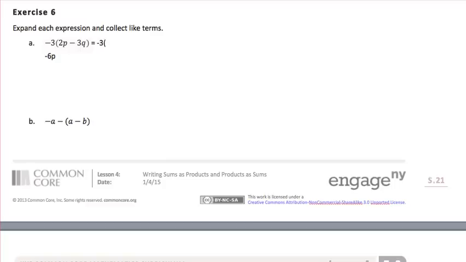Negative 3 times 2p plus the opposite of 3q, which is negative 3q. Then we'll multiply. Negative 3 times 2p is negative 6p plus negative 3 times negative 3q is positive 9q.